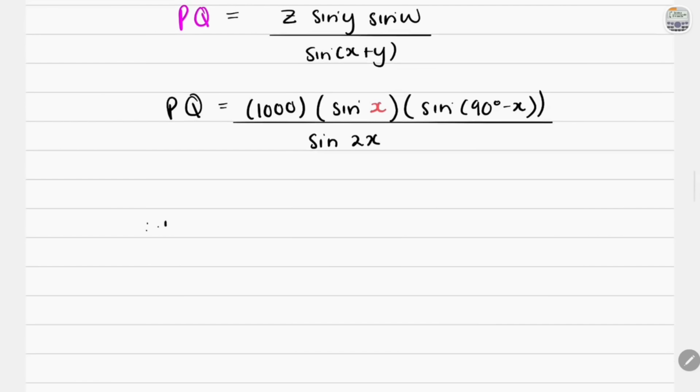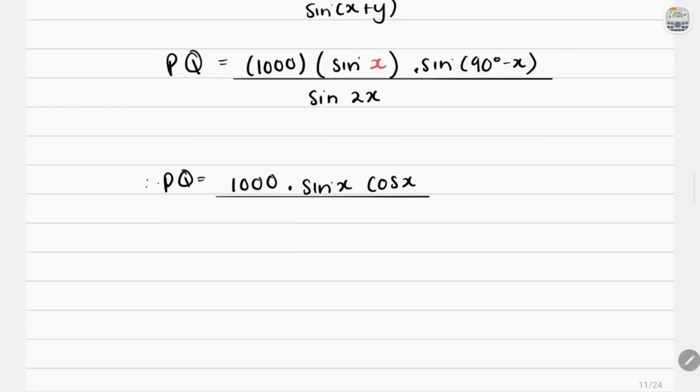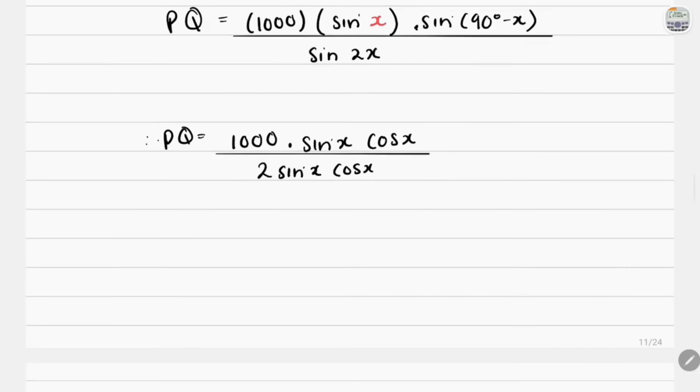Okay, so just a bit of simplifying. PQ equals 1000 multiplied by sine x. This would simplify to, because it is sine 90 degrees minus x, we can use cofunctions, and it simplifies to cos x. Makes sense, because the denominator is sine 2x, which we can use its identity, which is 2 sine x cos x using double angles.